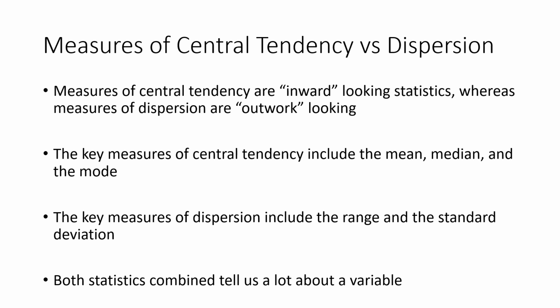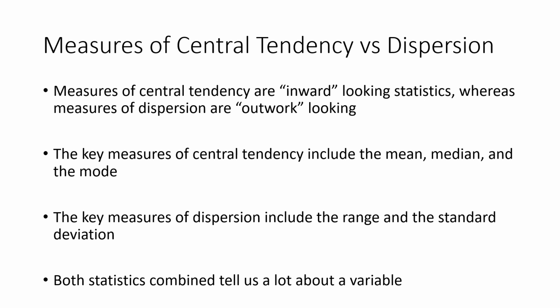The key measures of dispersion include the range, which is the difference between the lowest and the highest score in a distribution, as well as the standard deviation, which is a measure of the extent to which the scores in a distribution are spread out around the mean.